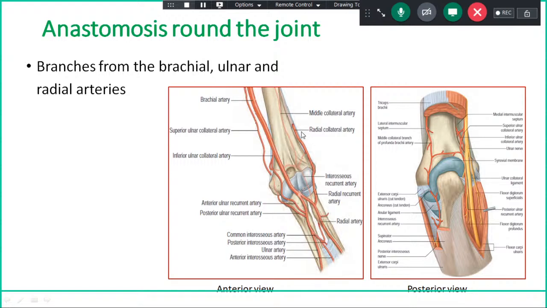So through all these anastomotic branches the blood flow would be continued. And sometimes during a fracture the brachial artery is blocked, hampered or damaged. Then also this maintains the blood flow to the distal part.